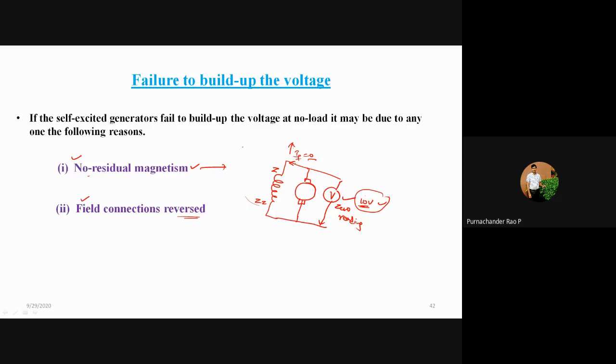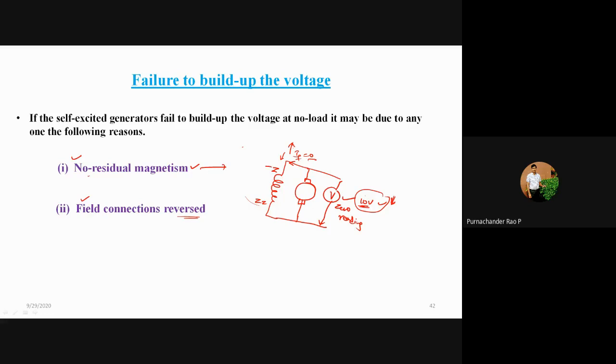But what is going on? Because of the reversal in current in the field winding, your voltage goes on decreasing, because your flux is in the opposite direction. If the flux is not adding to your residual flux, you can observe that voltage gets reduced. So we just have to interchange this direction.